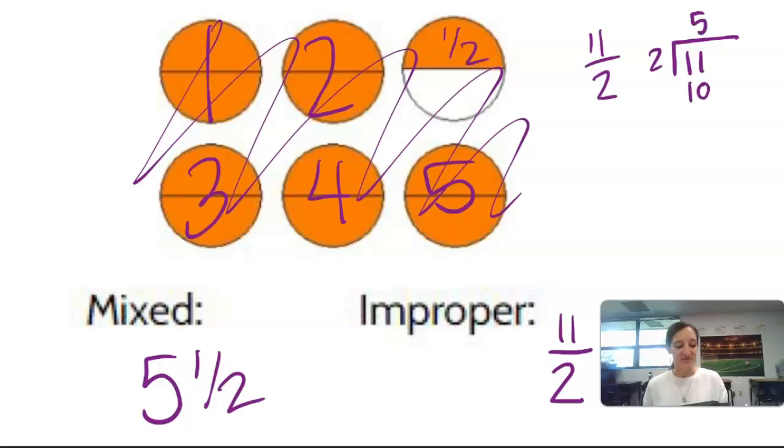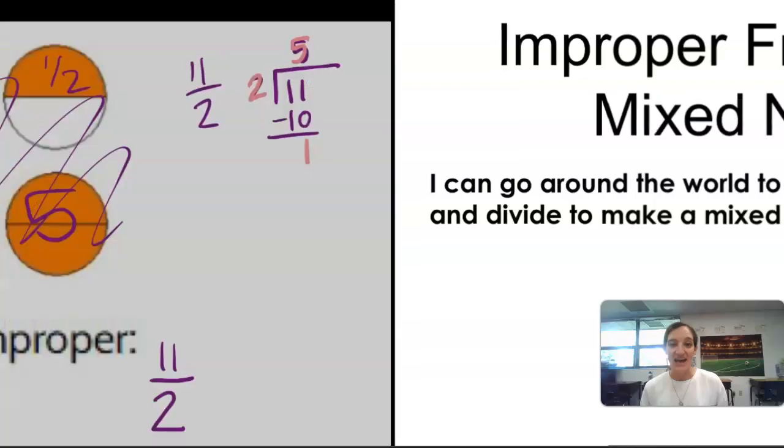So that'll give me 5 whole pizzas. I'll end up with 1 left over. So there's a 5 there and a 5 there. That's where the big 5 came from. There's a remainder of 1. That's why I have a 1 for a numerator and a 2 on the outside. The 2 is my denominator. So 5½ is the exact same thing as 11/2.